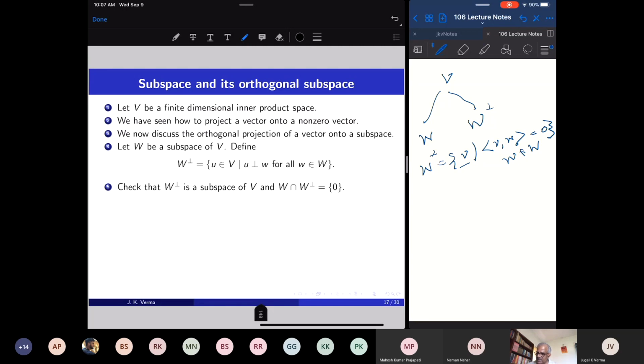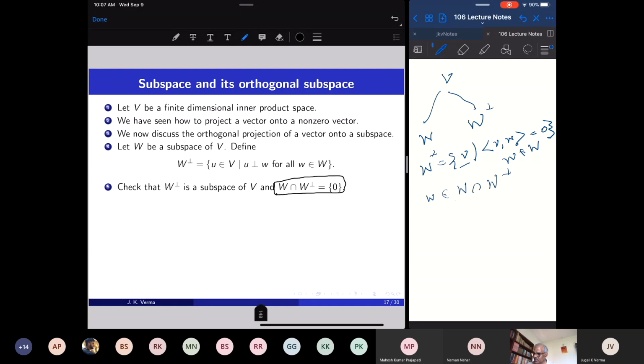What is interesting is that these two subspaces, W and W perp, intersect only in the zero vector. Suppose I have a non-zero vector w which is in the intersection.